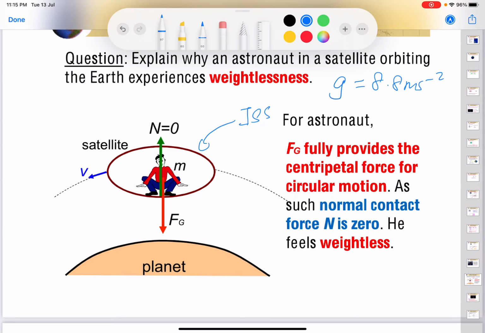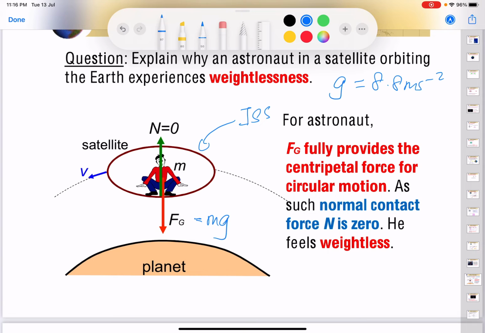The reason is, if you analyze the forces on the astronaut, given by these two arrows, the red arrow and the green arrow, we find that the gravitational force in this case is mg, and g is 8.8 meters per second squared. This gravitational force fully provides the centripetal force required for circular motion.